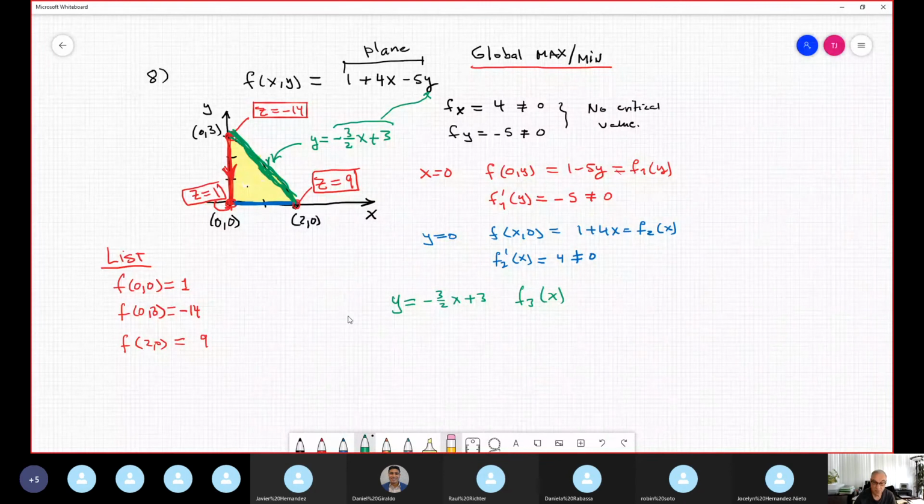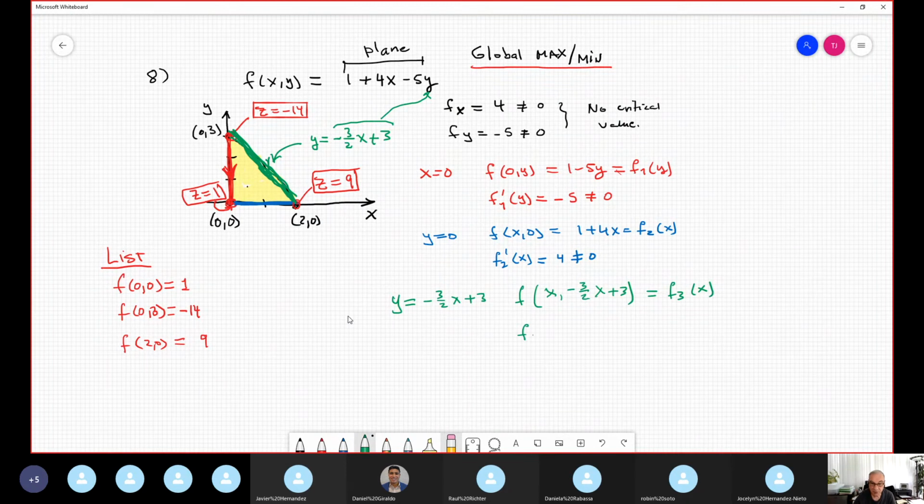In the original function, x stays the same, but y now is minus 3 halves x plus 3, and we get the new function called f3, depending only on x. I did that algebraically. f3(x) is equal, when you plug it in and manipulate the algebra, to 23 over 2 x minus 14.